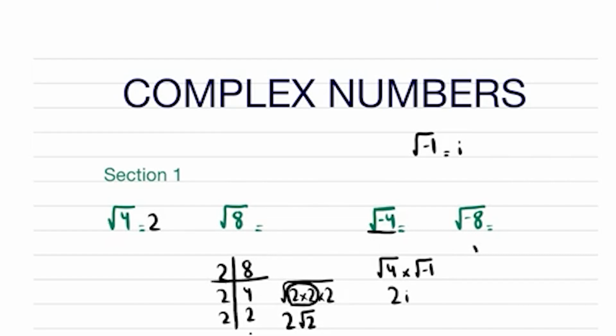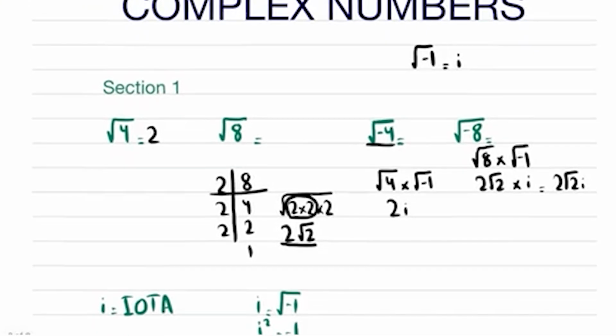Here, it's going to become under root 8 into under root -1. What's the answer of under root 8? It's 2 under root 2 into iota. That's 2 under root 2 iota. Got this, guys? So now we are clear with what are complex numbers.